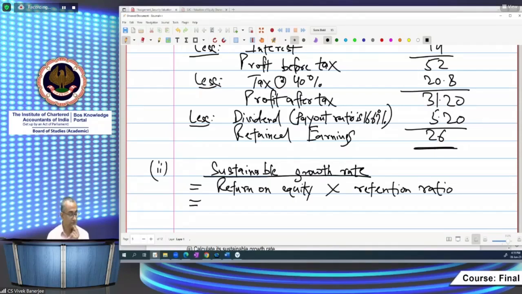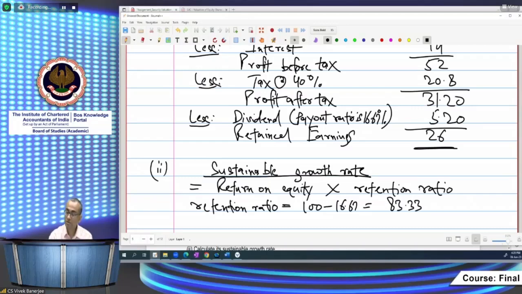So whether the retention ratio is given in the question, the answer is yes, because if the dividend payout ratio is 16.67, then the retention ratio will be 1 minus the dividend payout ratio. So the retention ratio is equal to 100 minus 16.67, so it is actually 83.33.